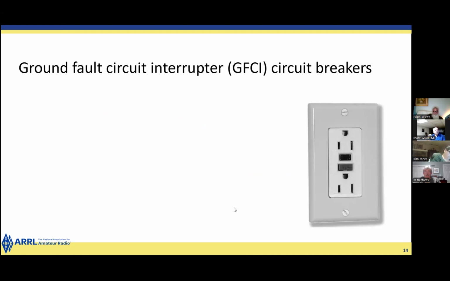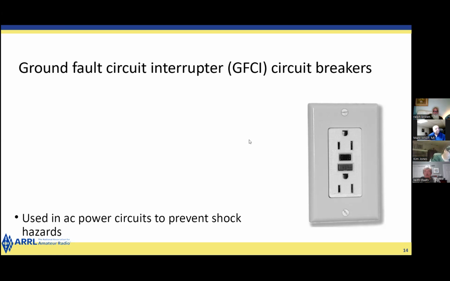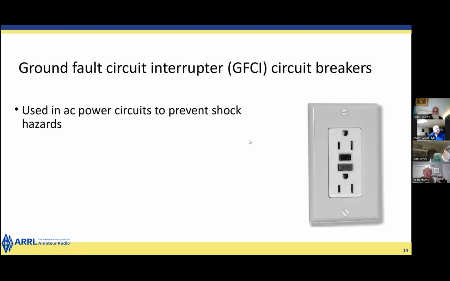It's a picture of a ground fault circuit interrupter. You probably have these in your kitchens, in your bathrooms. These are quite common now. They're used in AC power circuits to prevent shock hazards.